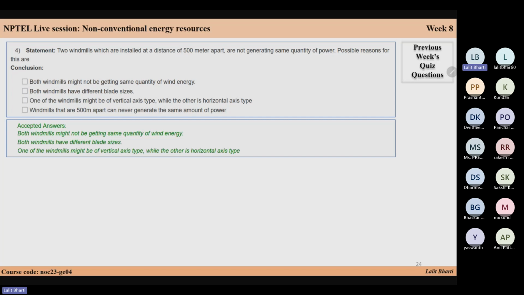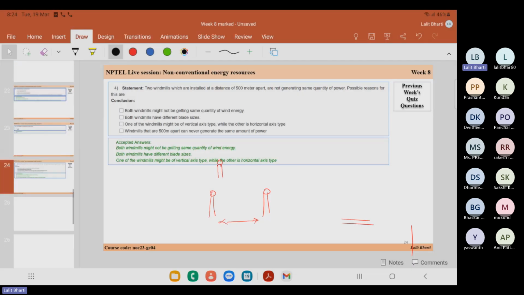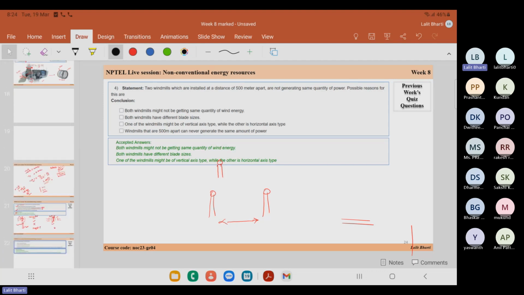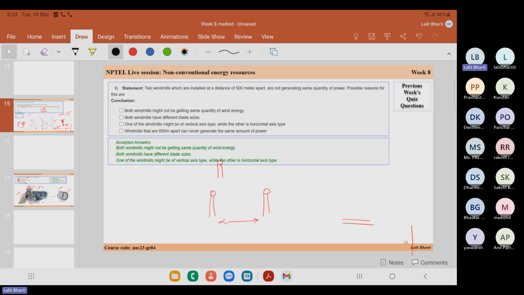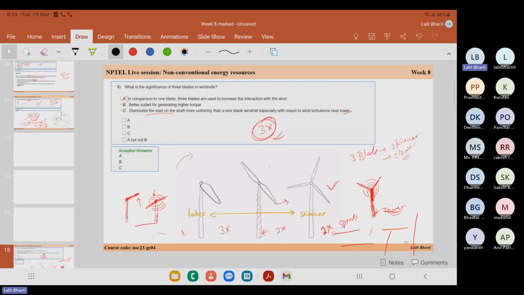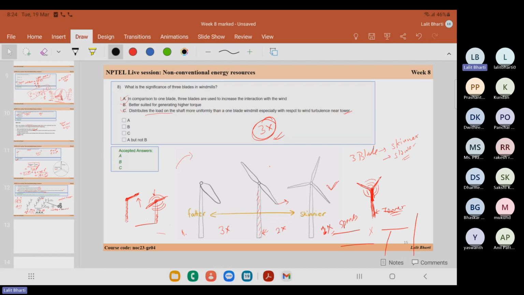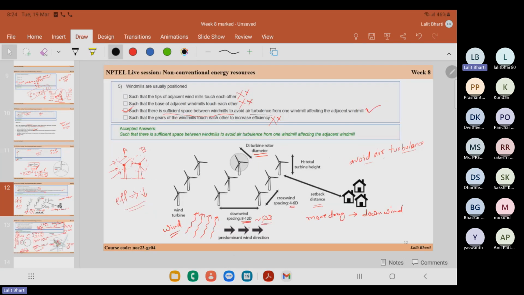Then the fourth question is the statement about the minimum distance between two windmills. We saw that if you have one windmill here and another here, there are downwind and crosswind distances.